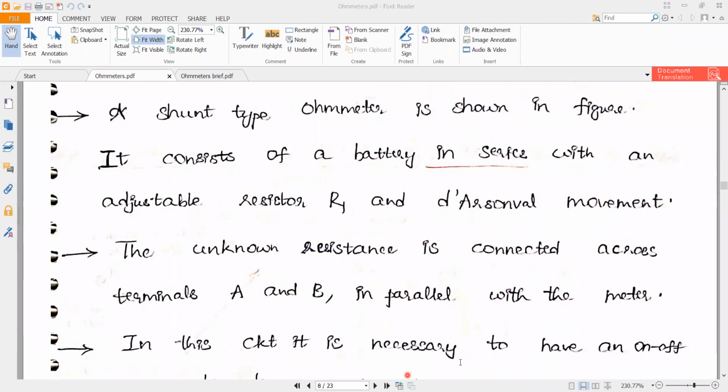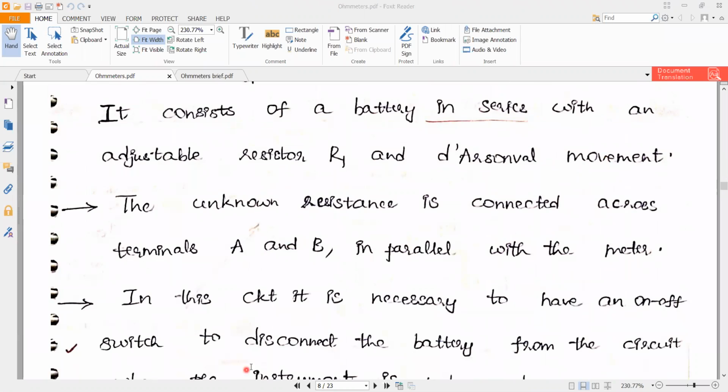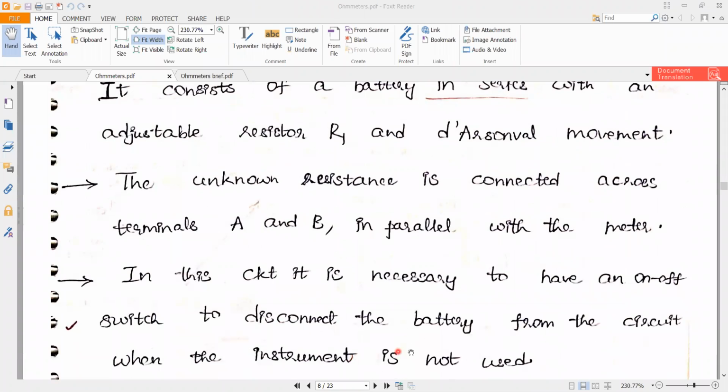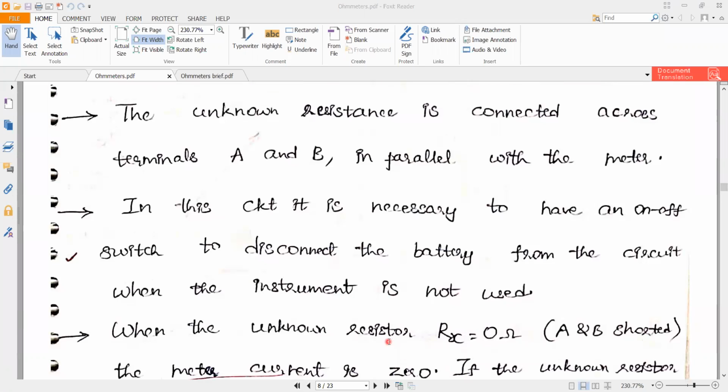In the circuit, it is necessary to have an on-off switch, that is switch S, to disconnect the battery from the circuit and to connect the battery with the circuit. Whenever the instrument is in use, I close that switch. Whenever the instrument is not in use, I open that switch.